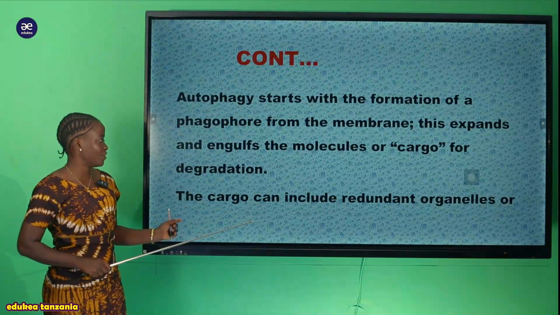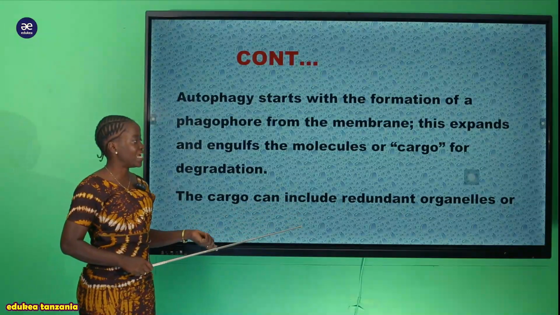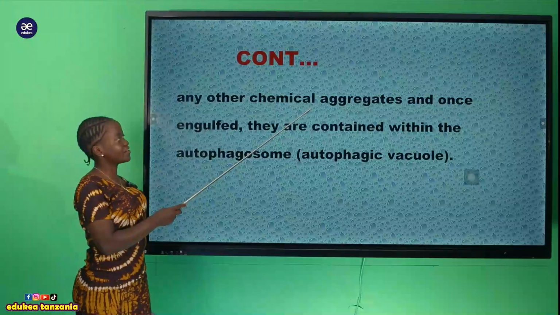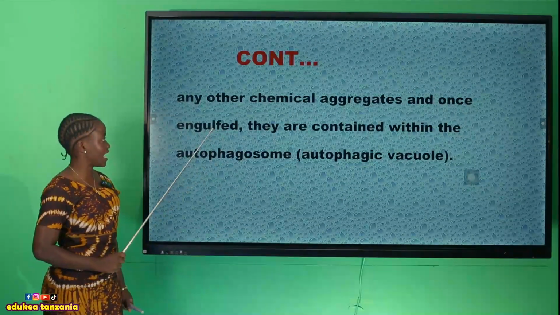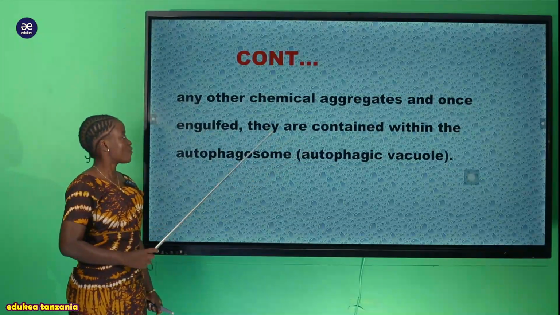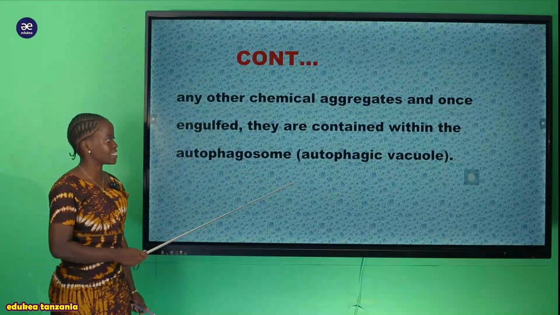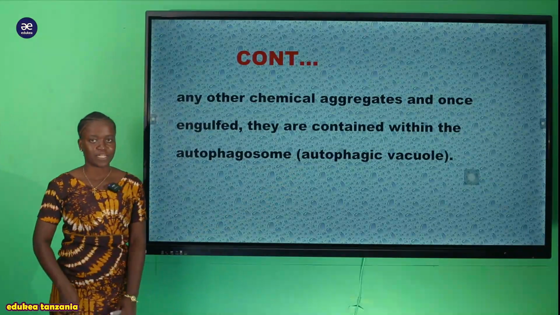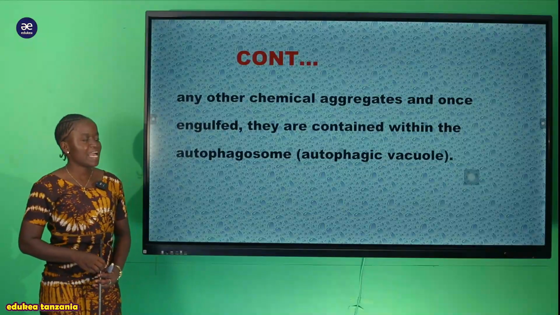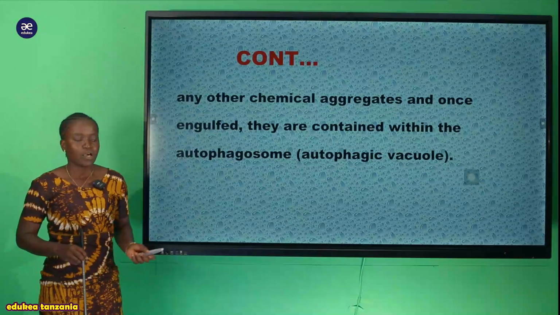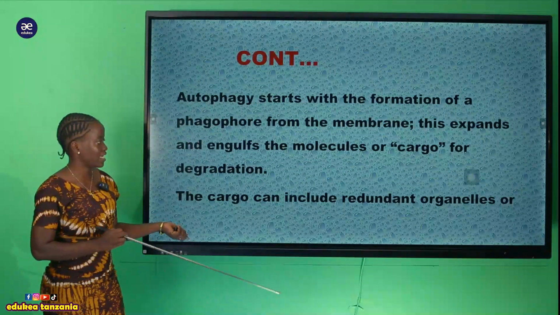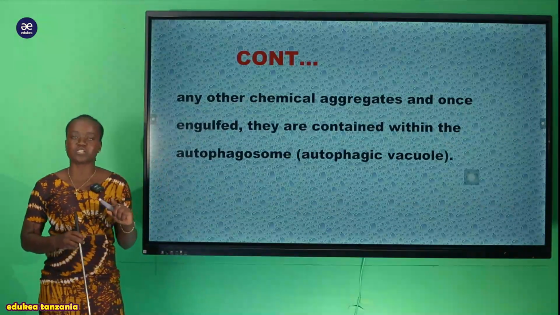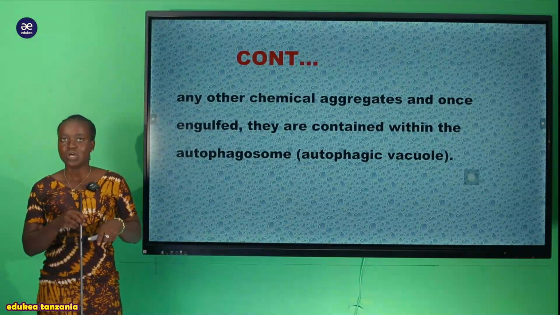Thereby the cargo can include redundant organelles or any other chemical aggregates, and once engulfed, they are contained within the autophagosome, that is the autophagic vacuole. So baada ya ile dysfunctional organelle, here simply we have seen that redundant organelle, redundant organelle ndio hiyo dysfunctional component or dysfunctional organelle.